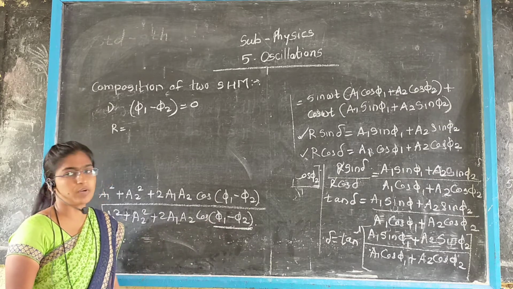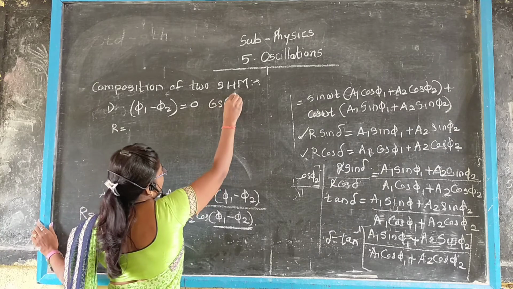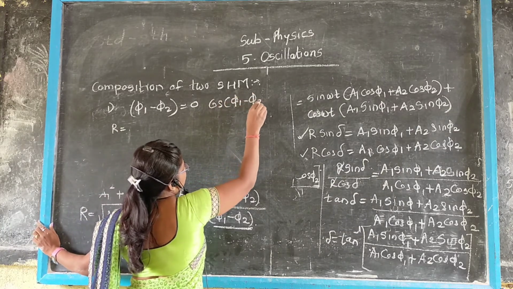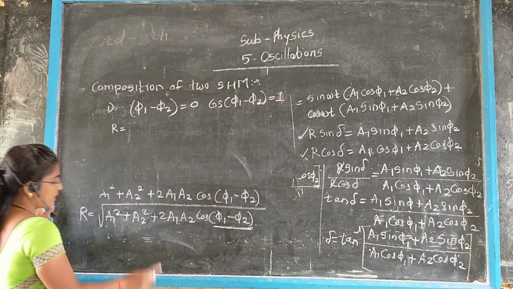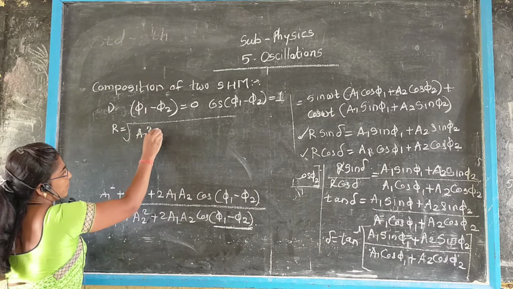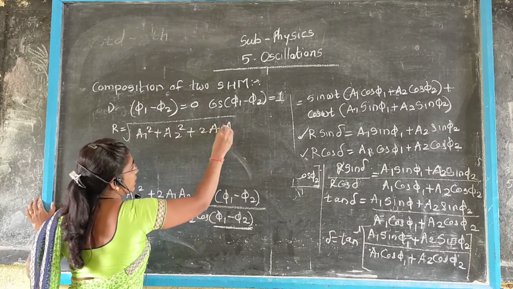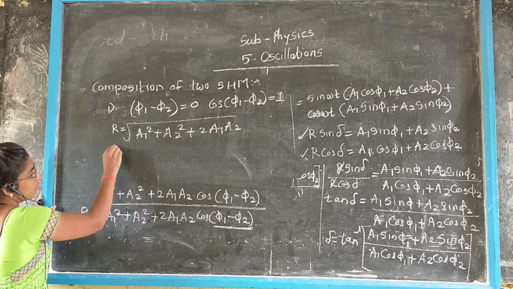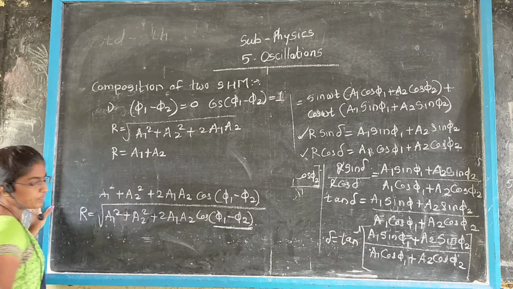Therefore, cos 0 is equal to 1. Cos of phi 1 minus phi 2 is equal to 1. Then here a1 square plus a2 square plus 2 a1 a2. Therefore, r is equal to a1 plus a2.